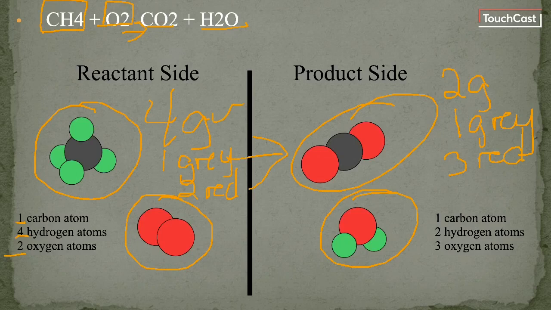I have 4 green on this side, but I have 2 green on that side. As long as I find one element that isn't balanced on both sides, the whole thing is unbalanced. Everything else could be balanced, excuse me, but it only takes one to make the whole thing unbalanced. So since this is unbalanced, it does not follow the law of conservation of mass.